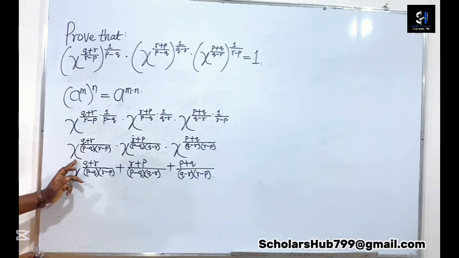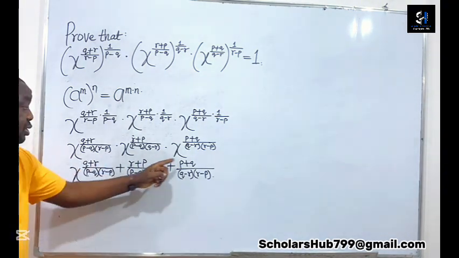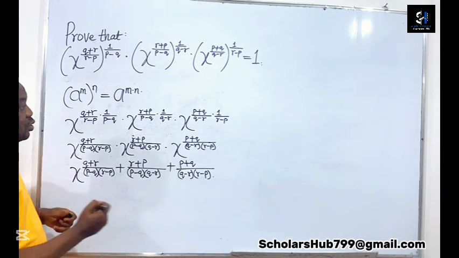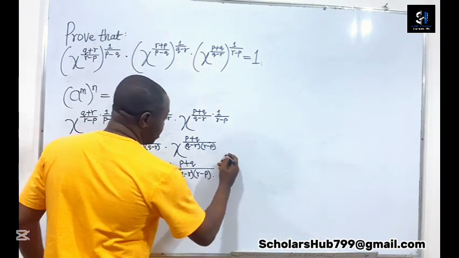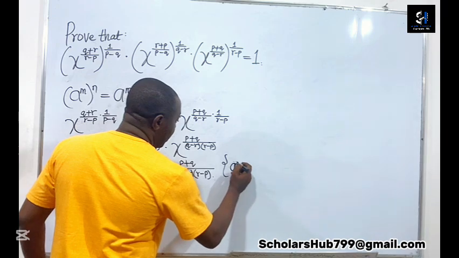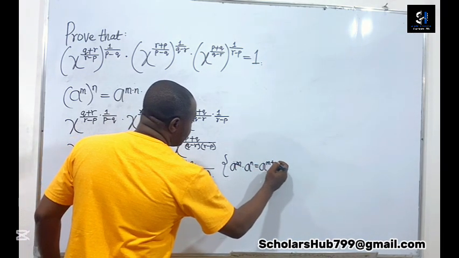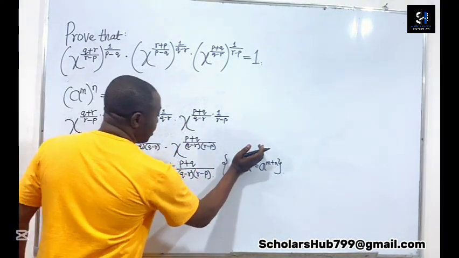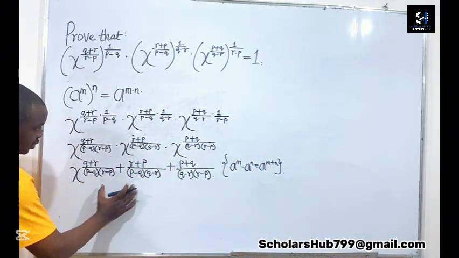Since all the bases are x, we add the exponents. The property I use here is the product rule for exponents: a raised to the power of m multiplied by a raised to the power of n equals a raised to the power of m plus n.